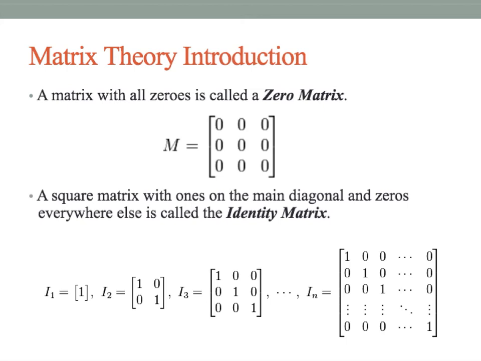In our picture here, look at I3: there are three ones along the diagonal, and zeros fill in everything else. For I1, there's just a 1 and no zeros, because there's no room for any zeros. And on the far right, looking at I sub n, it just depends on how many rows and columns we have. We can make it as large as we need to, depending on the type of problem we're given.